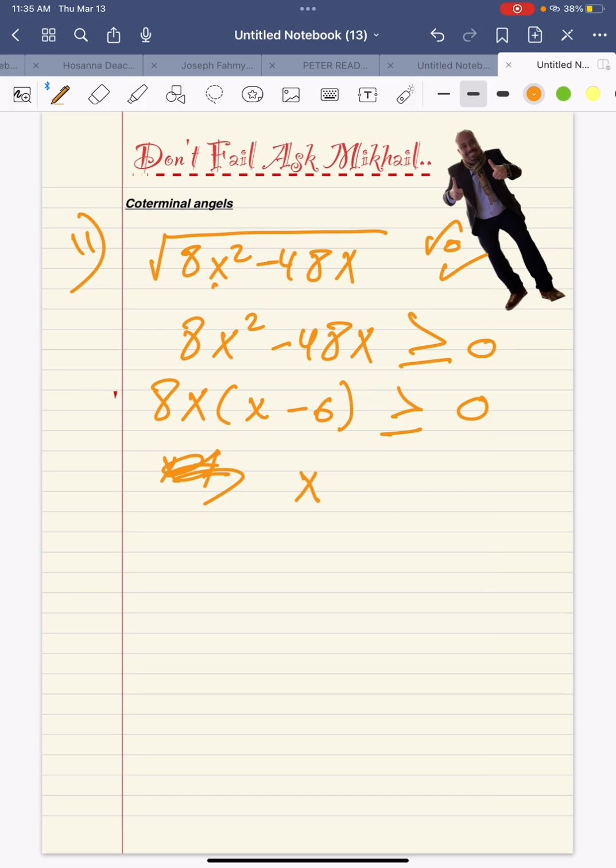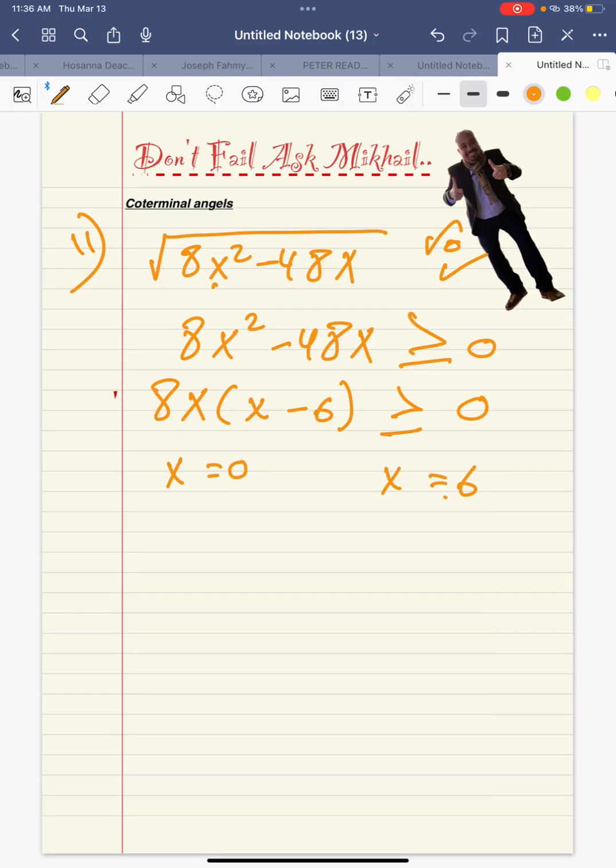Okay, it's greater than or equal to 6, and x is also less than or equal. My apology for this little confusion, because you get two values here. You have a value for x to be 0, and the value for x to be equal to 6.